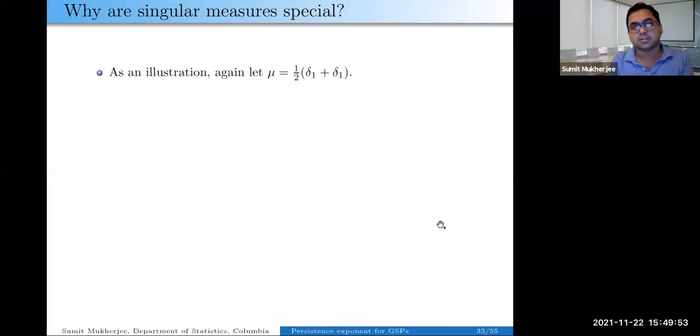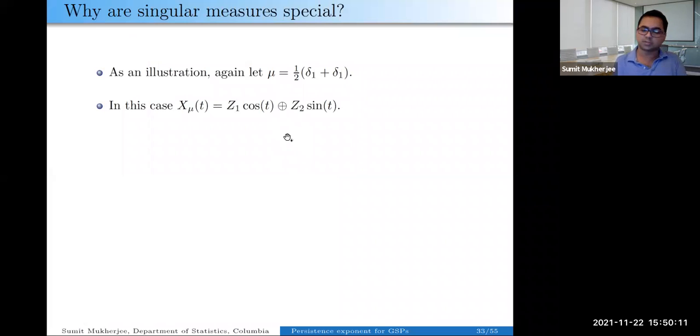So as an illustration, let's take a recurring example. Mu is half delta 1 and delta minus 1. Again, this was a typo; it should be delta minus 1. Sorry about the typos. I'll fix them before I post the slides. Or at least one version of the slides is posted, but I'll send an updated version.